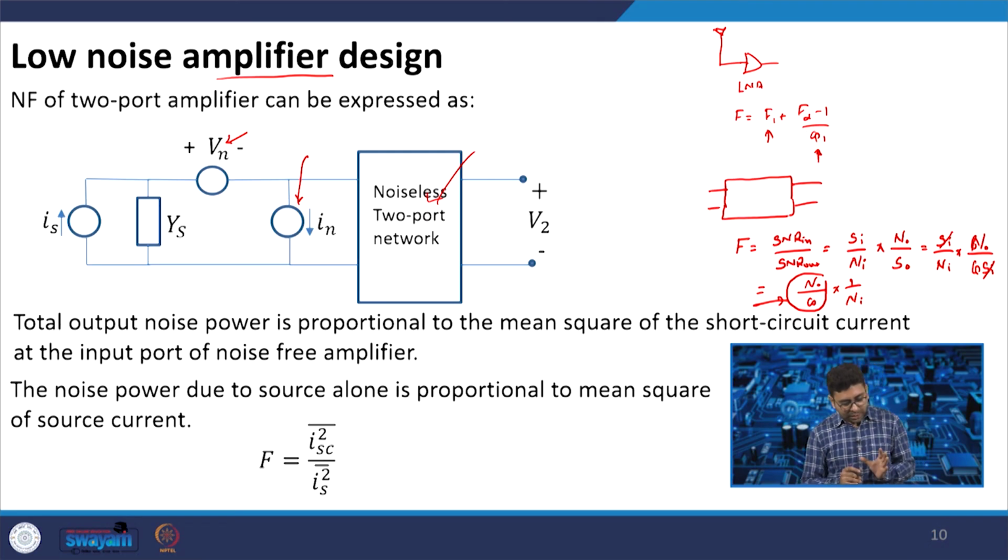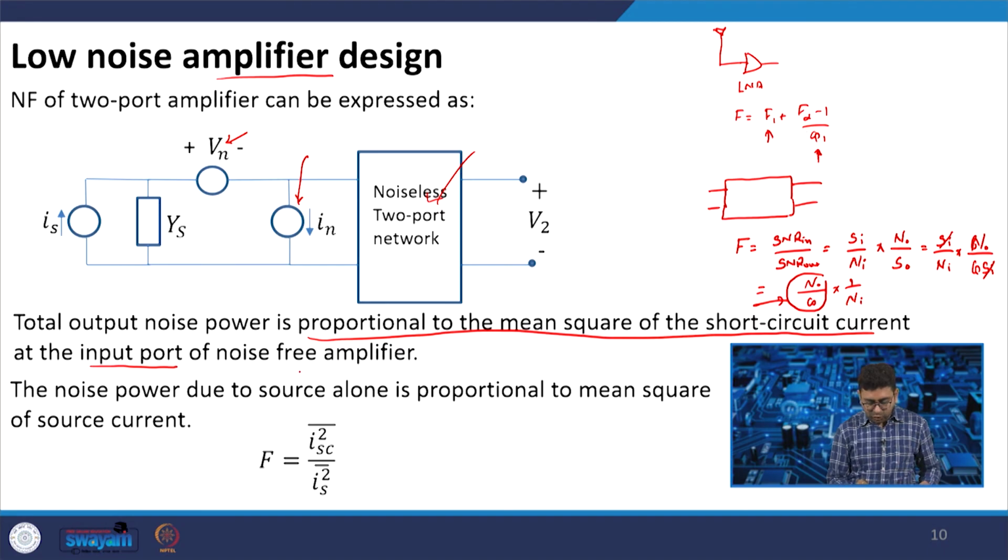Here the total output noise power is proportional to the mean square of the short circuit current at the input port, of the noise free amplifier. So, this is the noise power due to the source alone.